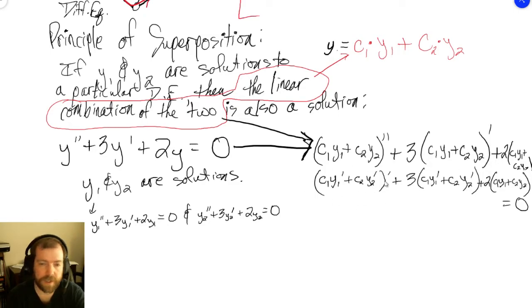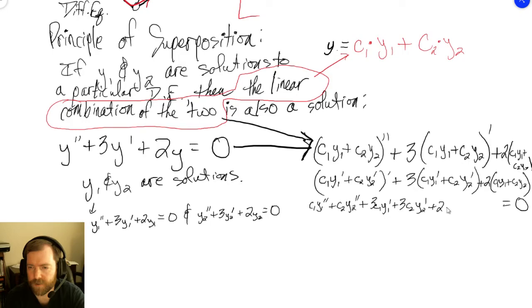Then we take a second derivative. So this is going to be c1y1 double prime plus c2y2 double prime plus 3c1y1 prime plus 3c2y2 prime plus 2c1y1 plus 2c2y2 equals 0.